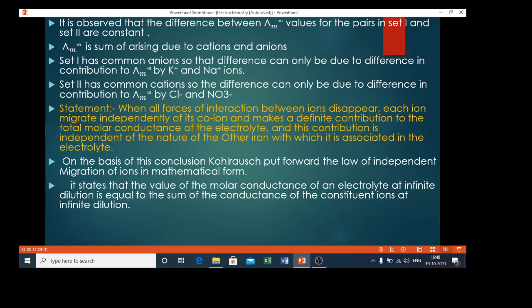On the basis of this conclusion, Kohlrausch put forward the law of independent migration of ions in mathematical form.